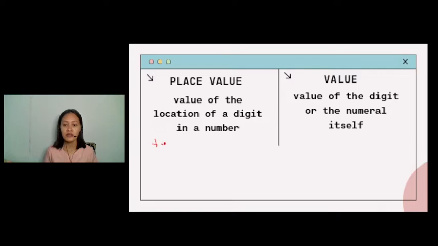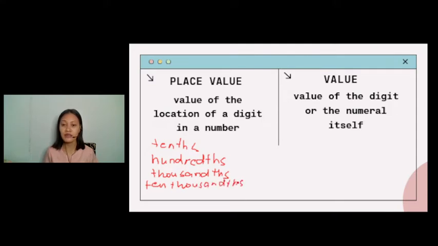We have tenths, hundredths, and then thousandths, and ten-thousandths. As you have noticed, parang parehas lang siya ng sa whole number. Meron tayong tens, hundreds, thousands, 10,000s.